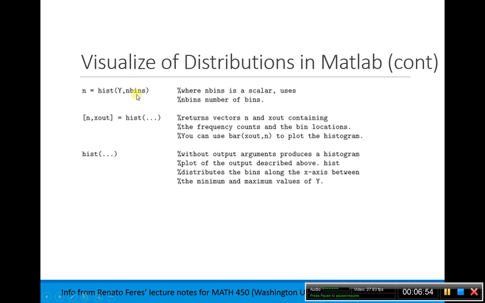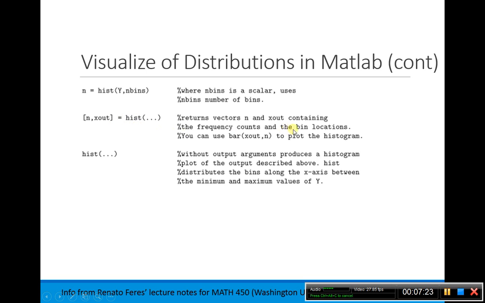And here you can also give it just the number of bins. Let's say you don't want to specify the specific middles, but instead of 10 bins, you want 20, or 100, or 2. 1 is not going to give you much, but let's say you want that. And then this nx out gives you how many are in each bin, the frequency counts, and also where those bins are.